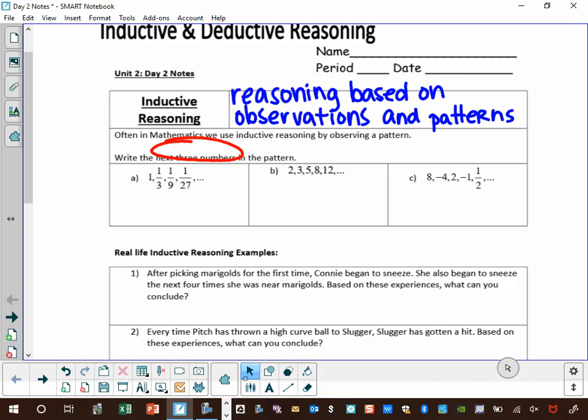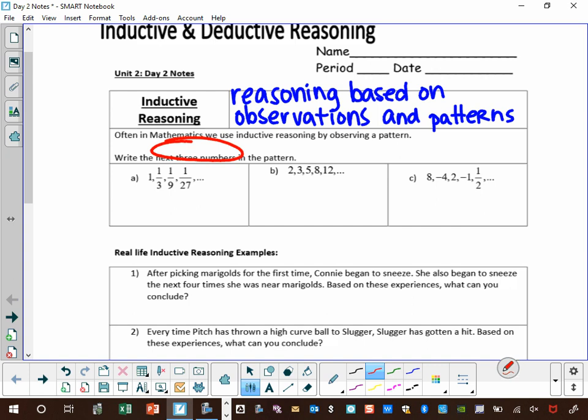What do I notice that's in common here? Diana, what do you think? We have 1, 1/3, 1/9, 1/27. What's happening? Multiply by 3. The denominator, you mean? Yeah, the bottom number.